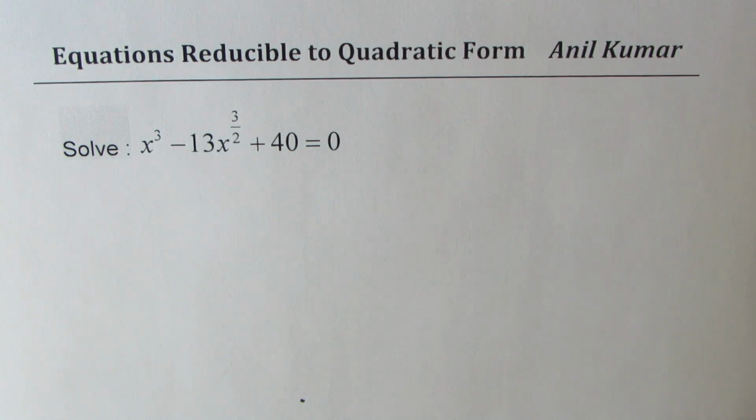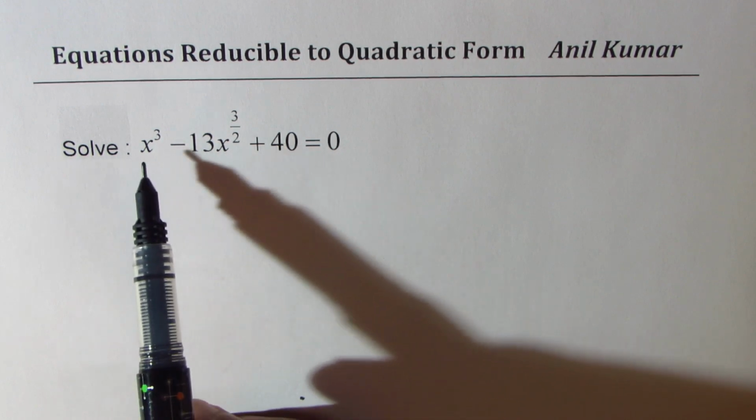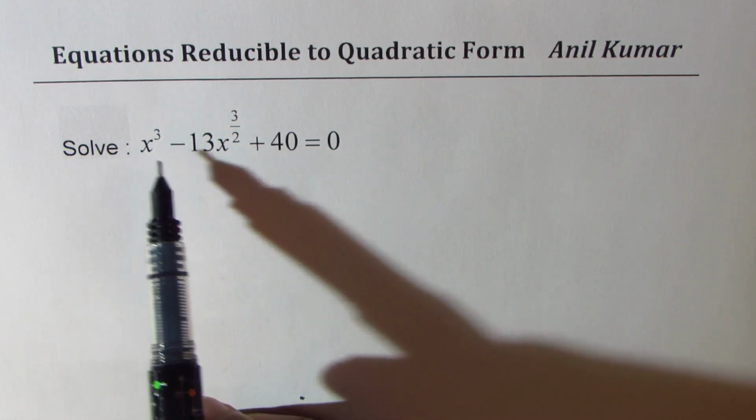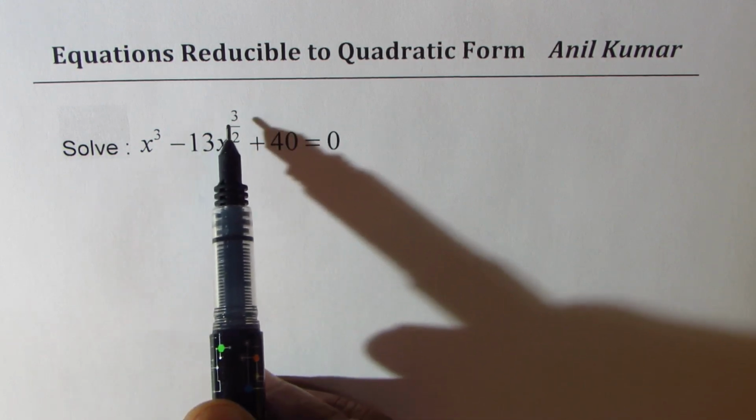We need to solve x cube minus 13 x to the power of 3 over 2 plus 40 equals 0. Now what we notice here is that this is cube and this is square root cube, right?